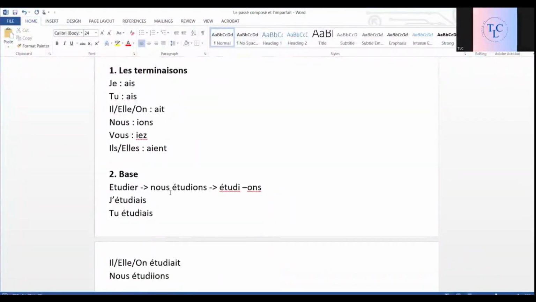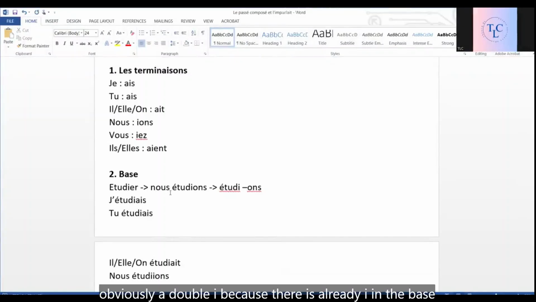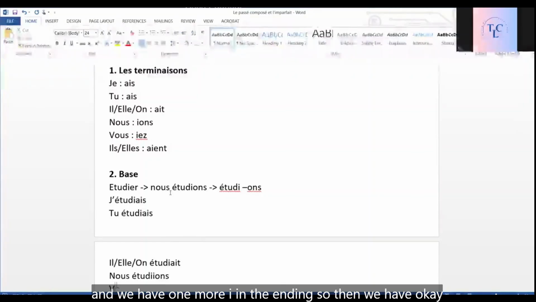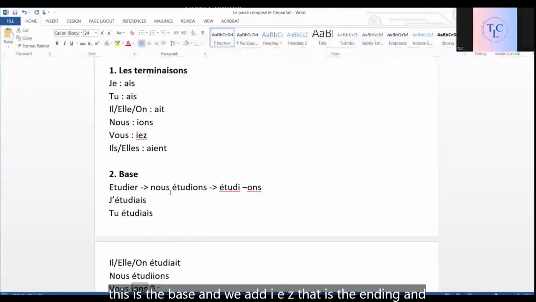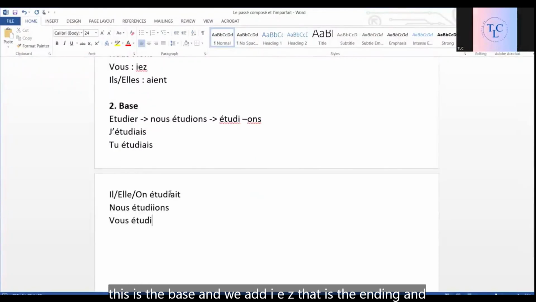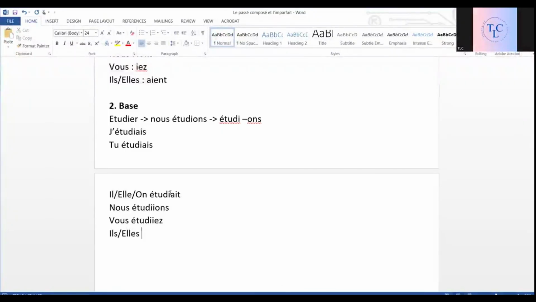Obviously double I because there is already I in the base and we have one more I in the ending. So nous étudiions. Then we have vous étudiiez. This is the base and we add IEZ, that is the ending. And then ils, elles étudiaient. This is the ending, AIENT. Okay, ils étudiaient, elles étudiaient.